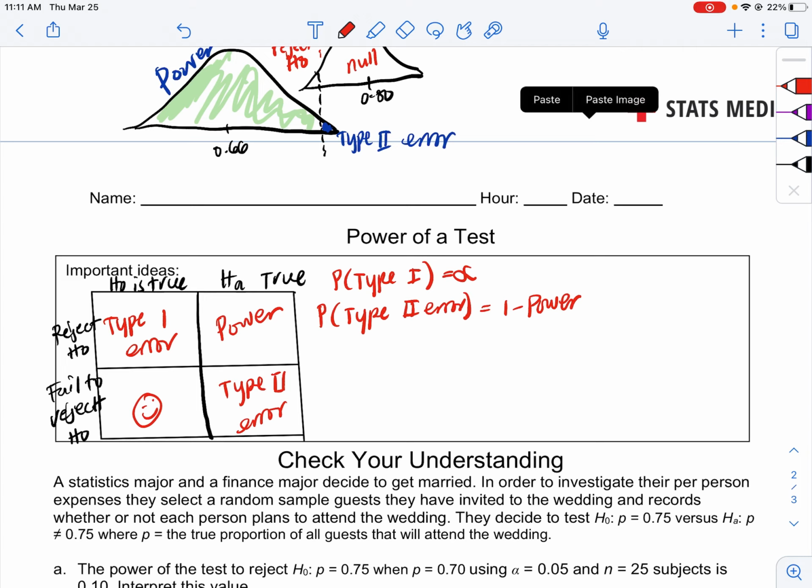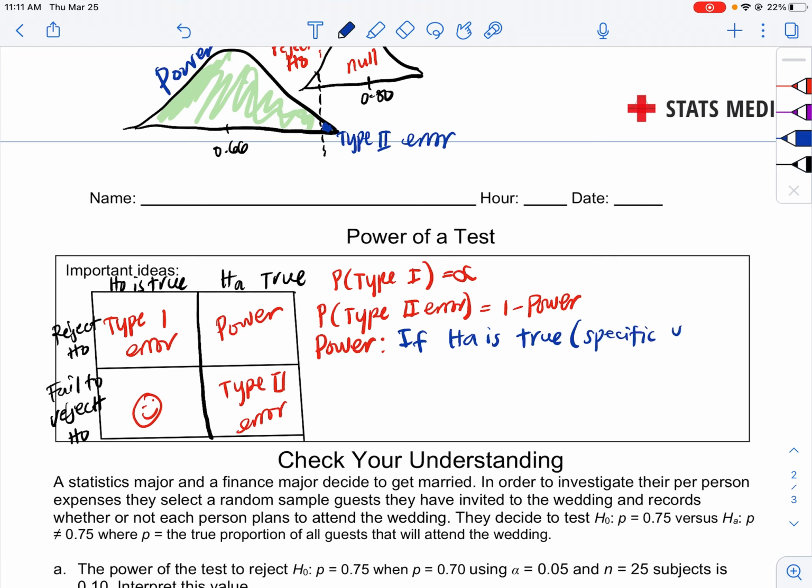And then we've also learned how to interpret power. Right? How do we interpret power? If HA is true, specific value in context, whatever that is, and in the case that we had earlier, that was 66%.